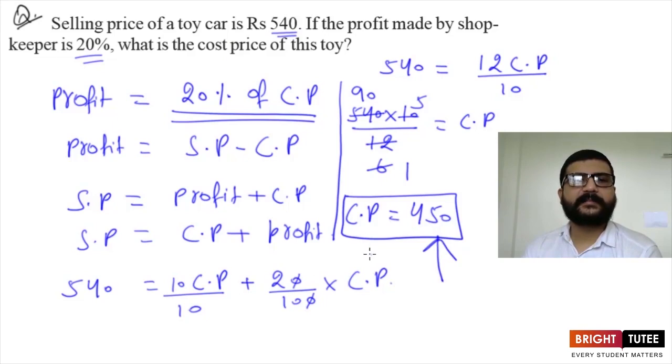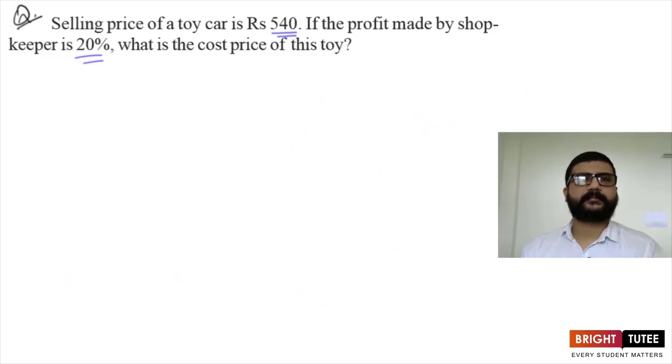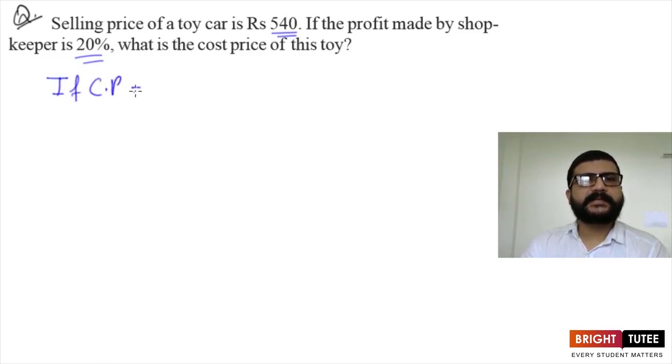Now do we have any other method for finding cost price? Yes, we have one more method, and that is the unitary method. So let's try it by that method now. So now here it is given profit is 20%. 20% profit means that if CP is 100 rupees, then profit is 20 rupees.